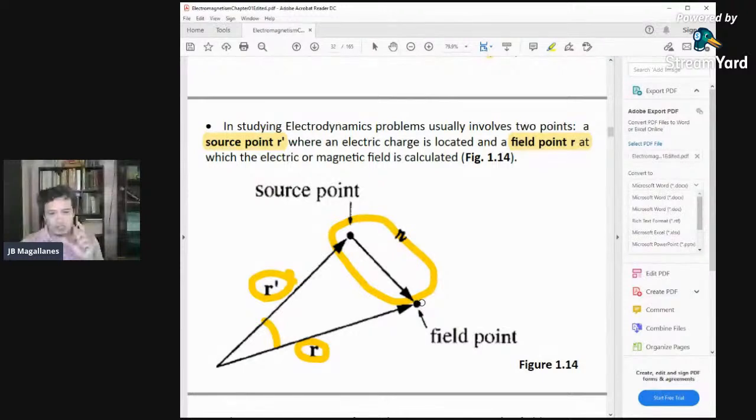This is point r, x, y, z, and this is point r prime, which is x prime, y prime, and z prime. The vector for here is x x hat, y y hat, z z hat, and the vector for there is x prime x hat, y prime y hat, and z prime z hat.